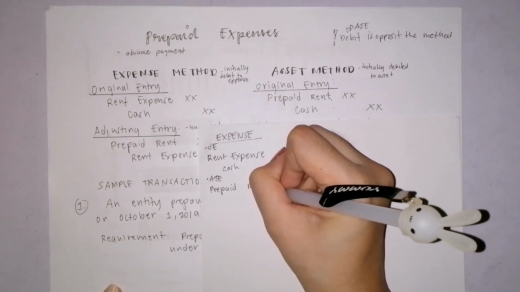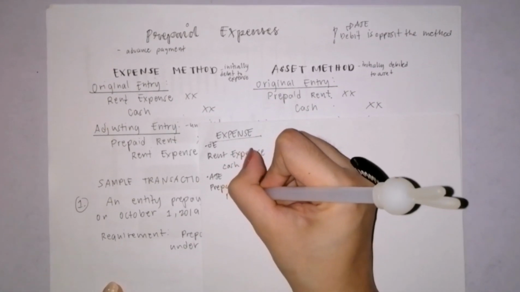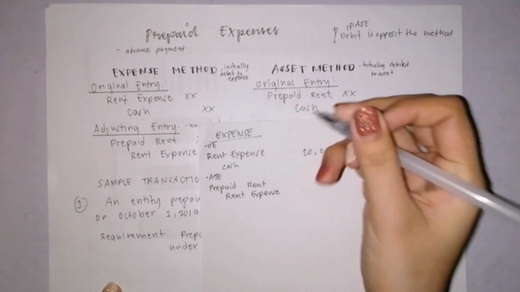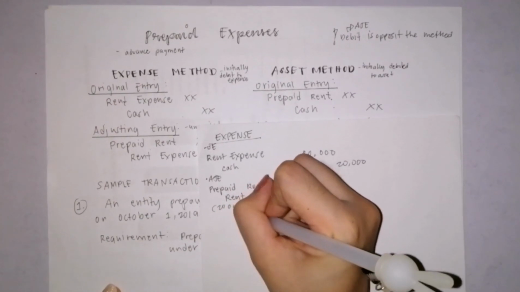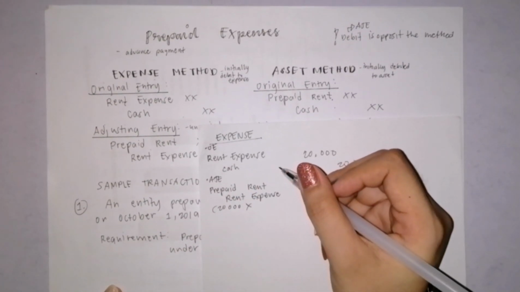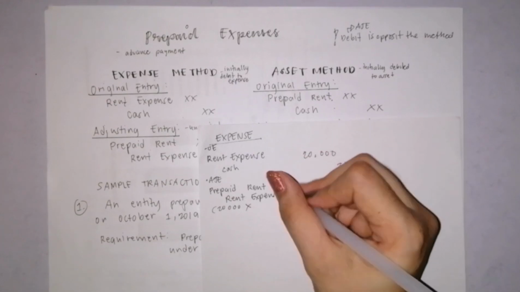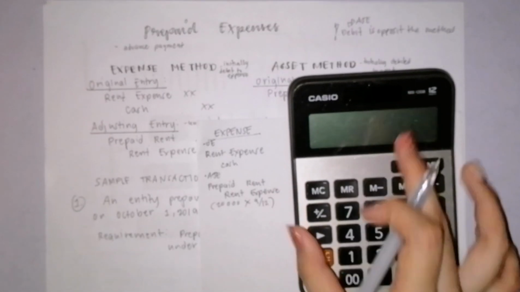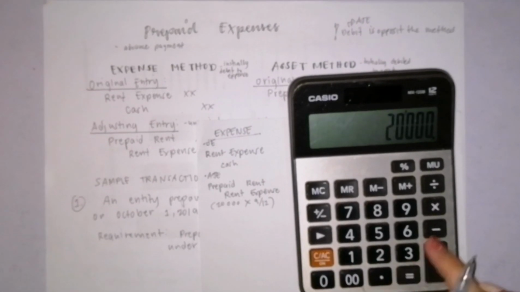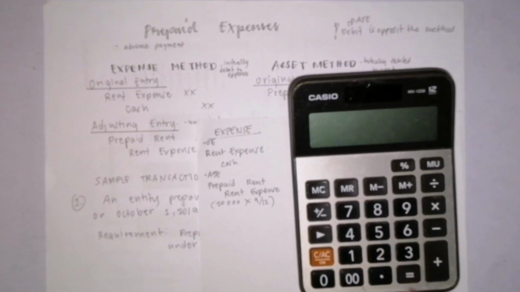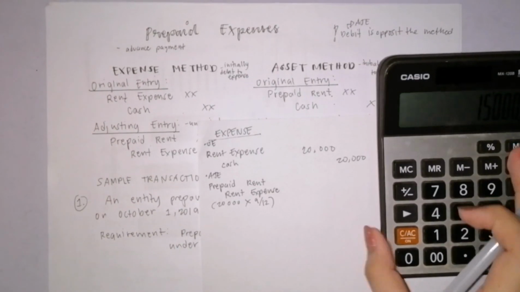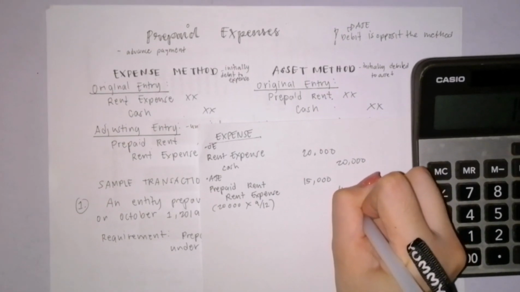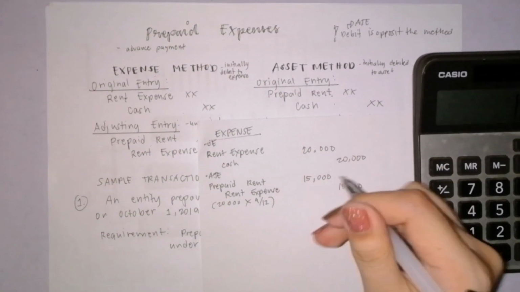So we debit prepaid rent and credit rent expense in order to reduce the expense account. Out of the 20,000, the unexpired portion is still 9 months. To compute for that, 20,000 times 9 divided by 12 will give us an amount of 15,000. So out of the 20,000, 15,000 pa yung unexpired.